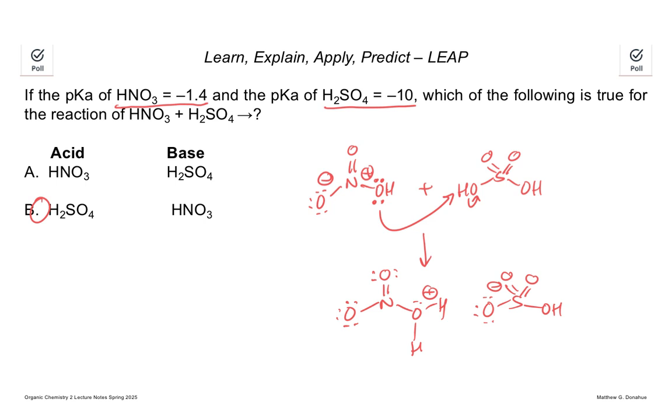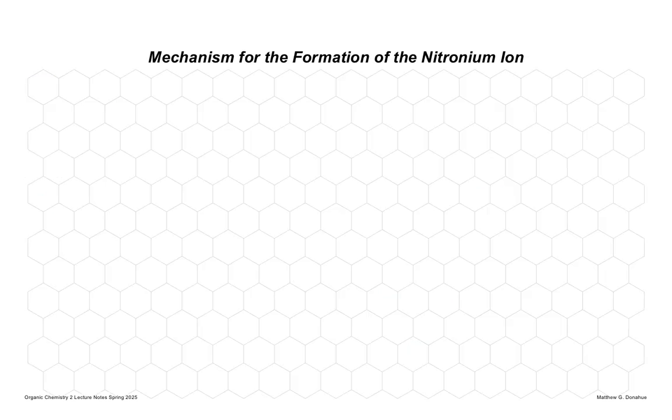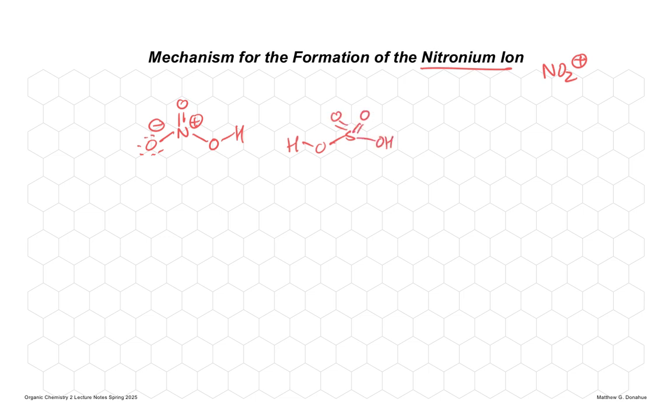And then we can use that information to figure out what the electrophilic reagent is under these conditions. The electrophile is the nitronium ion, NO2 plus. The reason the sulfuric acid is in there is that it helps decompose nitric acid into the nitronium ion.